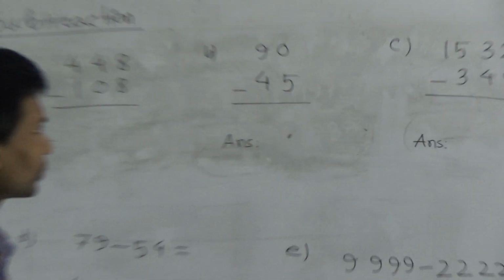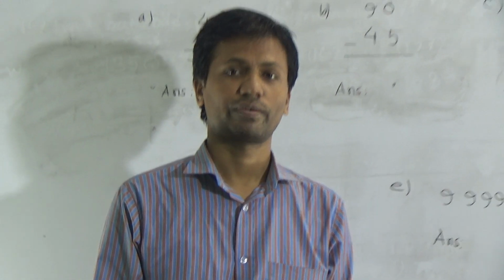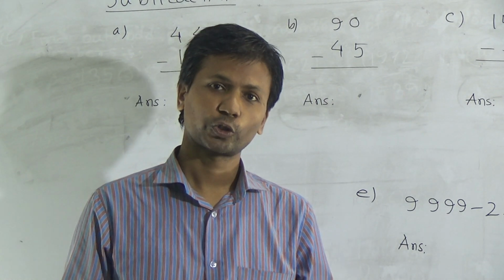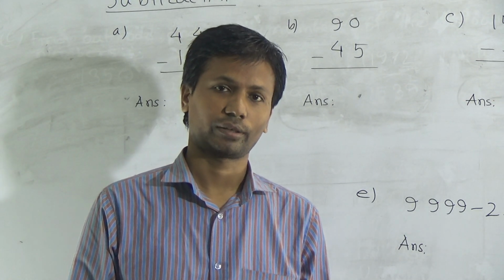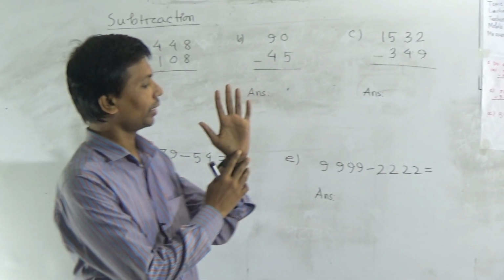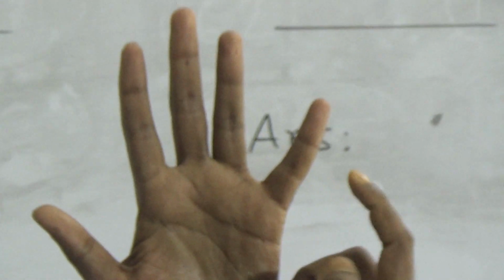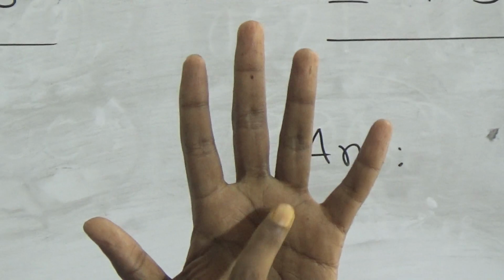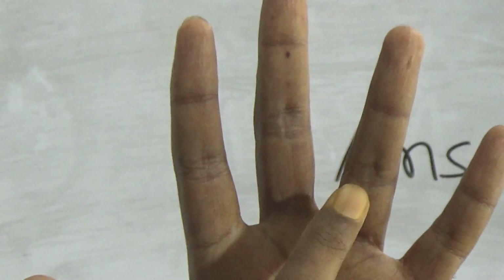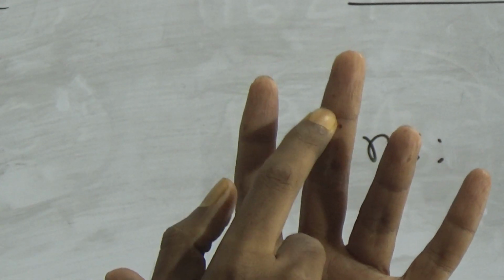Dear student, today I also need some basic concepts. At first I will show you how we can count on your fingers. Okay, look, you see my fingers. This is 1, 2, 3, 4, this is 5, 6, 7, 8, 9, 10, 11, 12.